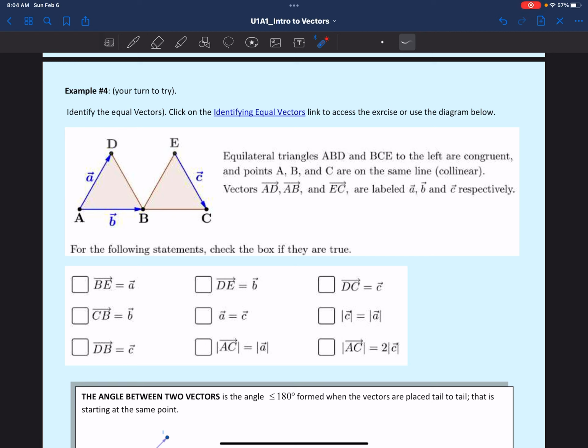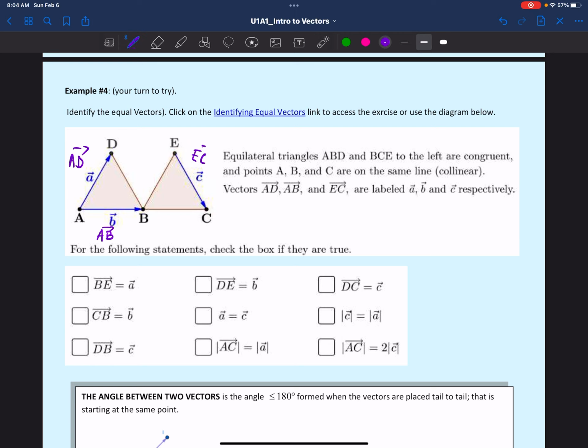We're told vector B starts at A, ends at B, so that would be the vector AB. Then vector A starts at A, ends at D, so that's vector AD. And last, vector C starts at E, ends at C, so EC.